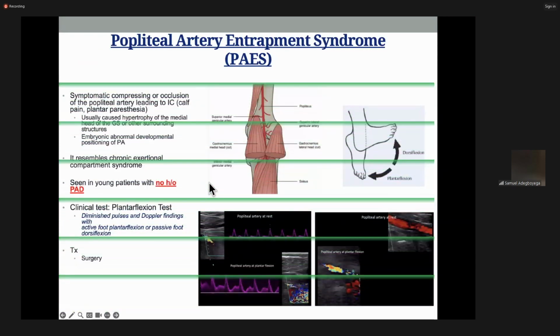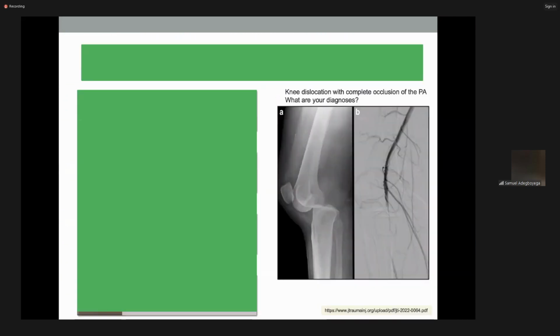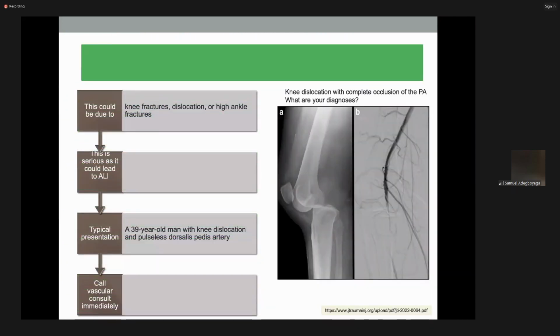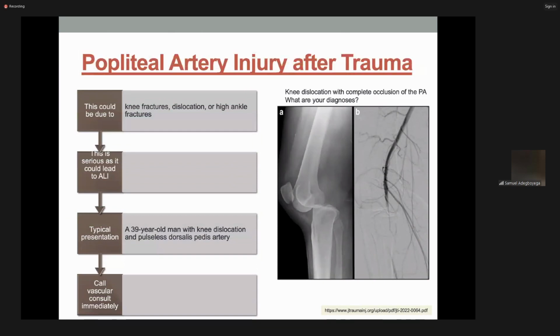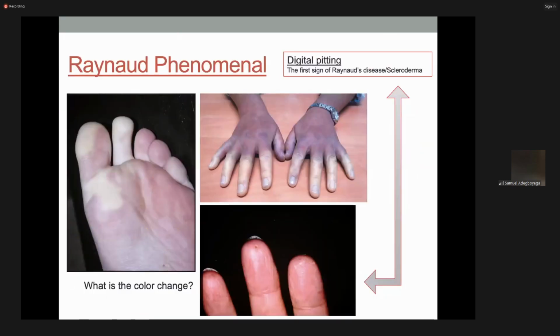With this, it's pretty much just moving the toes and ankle up and down. So you have to know the difference. And you guys noticed already that popliteal artery injury could lead to ALI.